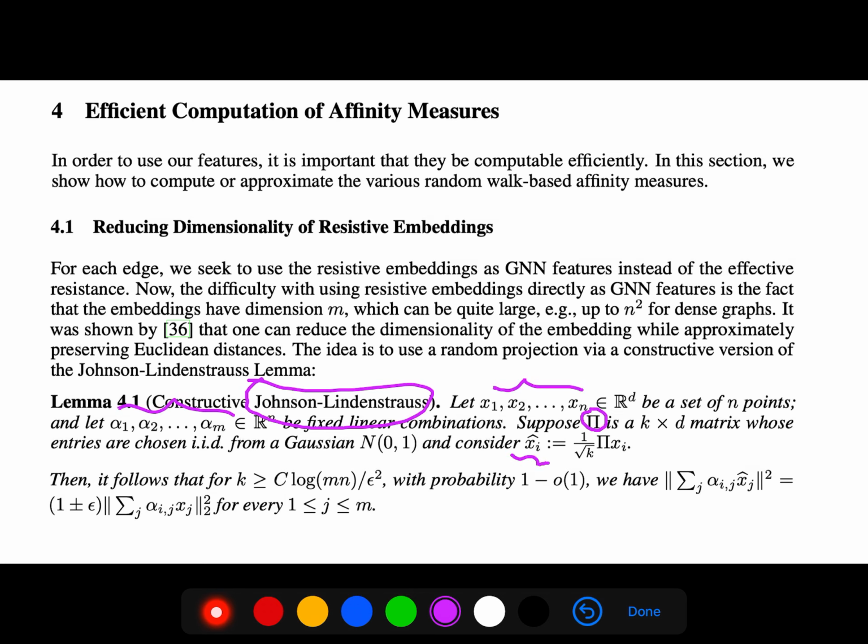And then consider this variable. We can show that with high probability, we have this relationship. So it is upper bounded and lower bounded, we can say, with this. And using the triangle inequality, we can see that the inner products between fixed linear combinations are preserved up to some additive error.